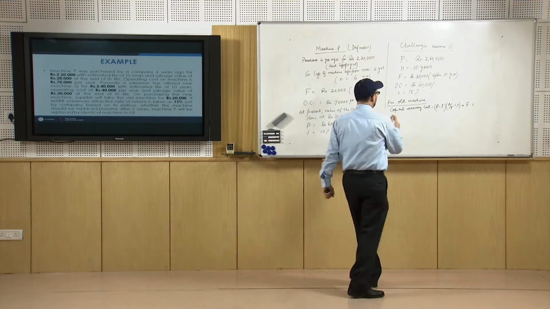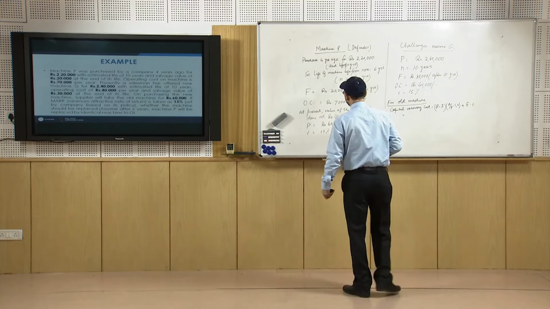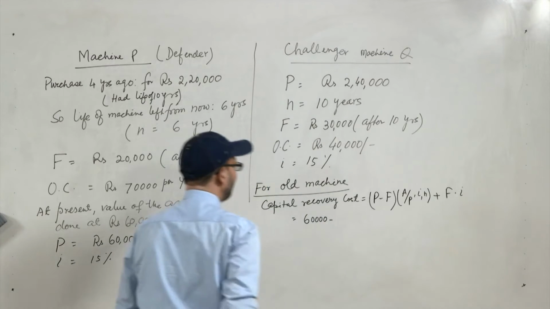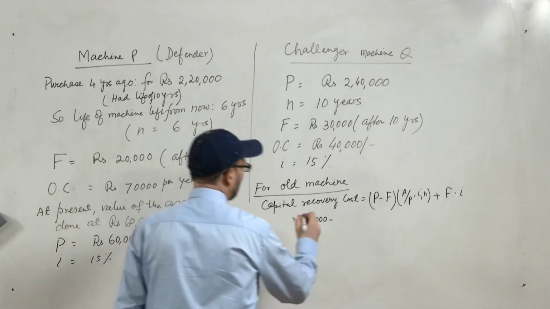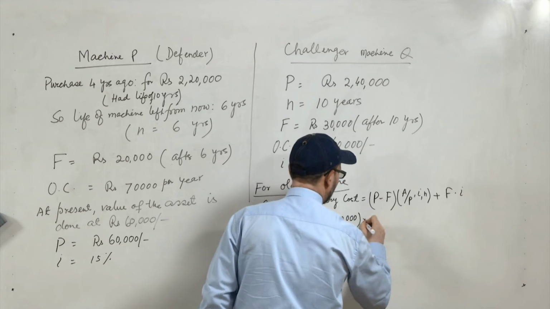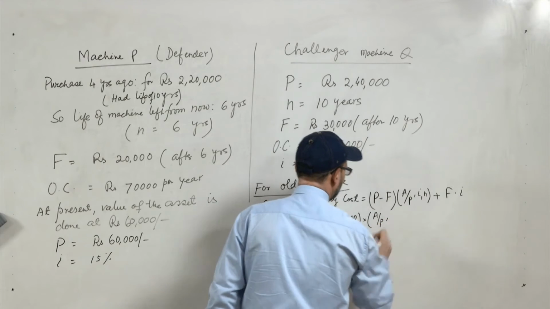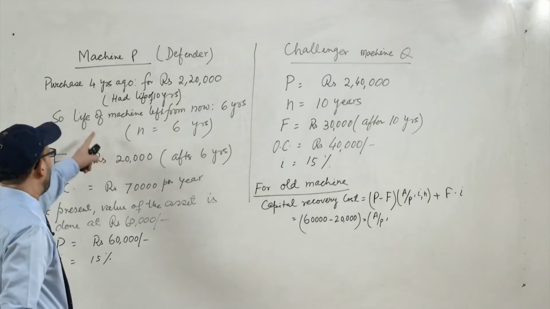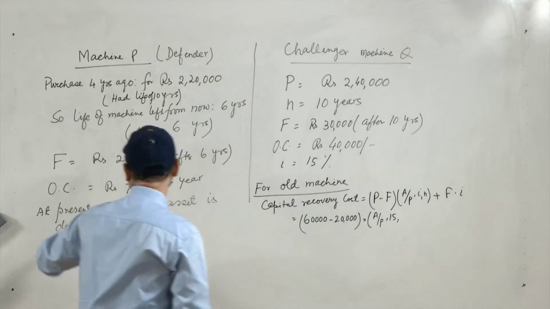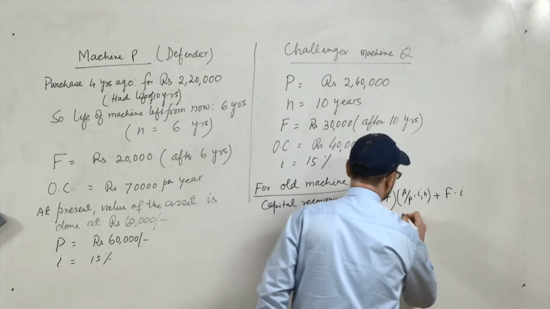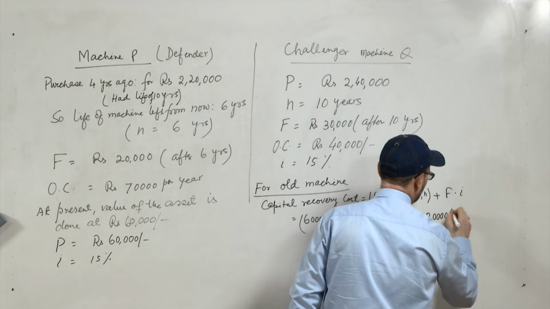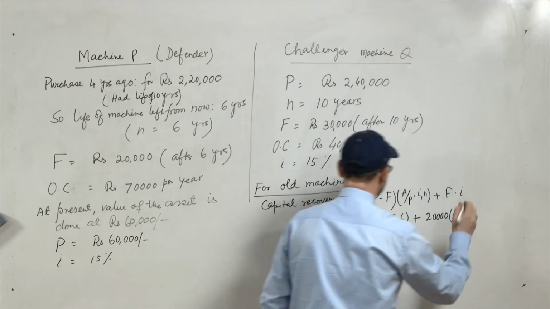So, you have P as 60,000 minus F as 20,000 multiplied by A/P, where for the old machine i is 15%, anyway it is equal for both, and N is 6 years, plus 20,000 into 0.15.